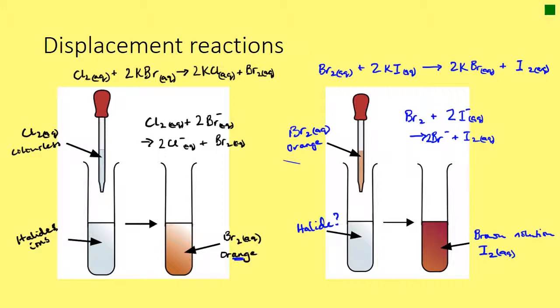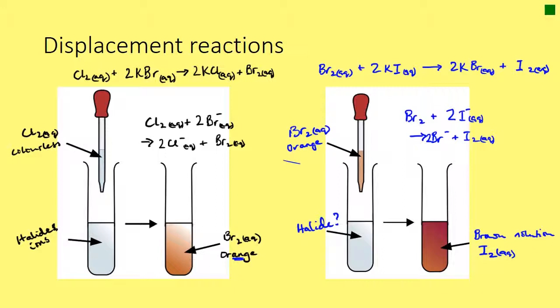We're dropping chlorine into the halide ions. If it was chloride ions, nothing would happen. If it was bromide ions, we'd see some bromine being created. And if it was iodide, it would go brown, so we would know that it was iodide in the left-hand test tube.